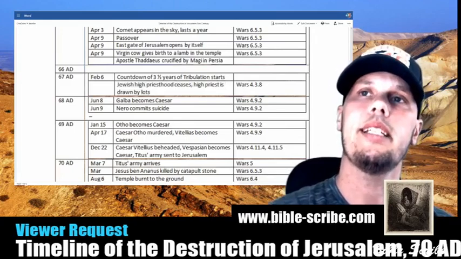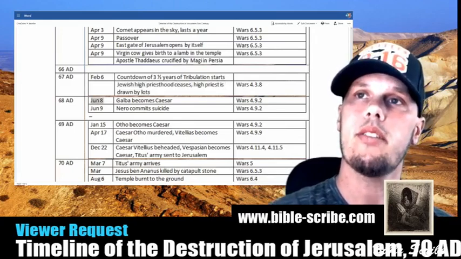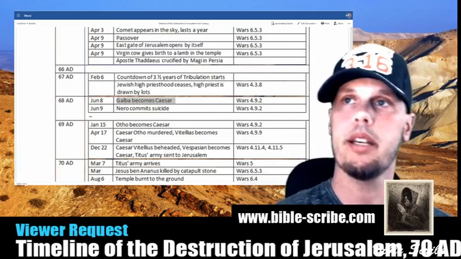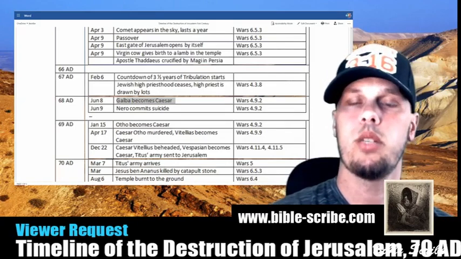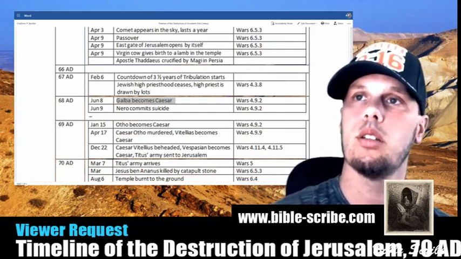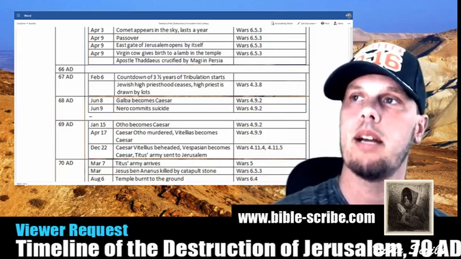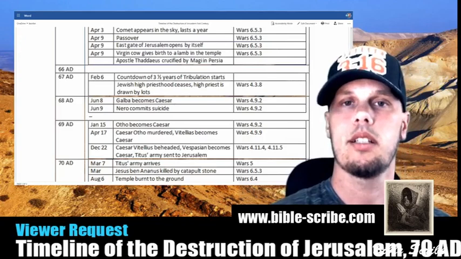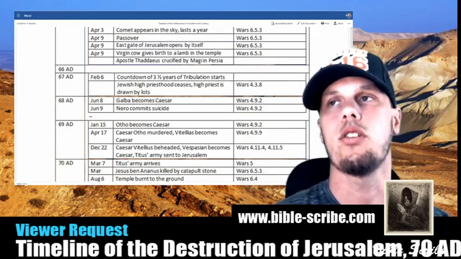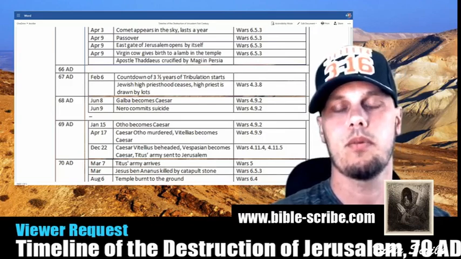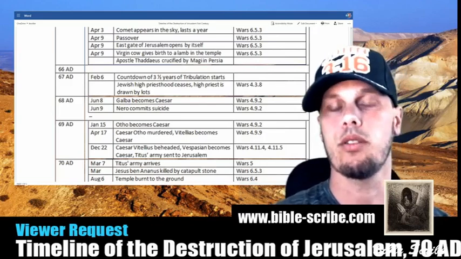In 68 AD, on June 8th, I record here that Galba becomes Caesar. And June 9th is when Nero committed suicide, you see right below. So this is all in the same time frame, but Galba was the next Caesar after Nero. Nero commits suicide on June 9th, and so that was the transition of power for those Caesars.